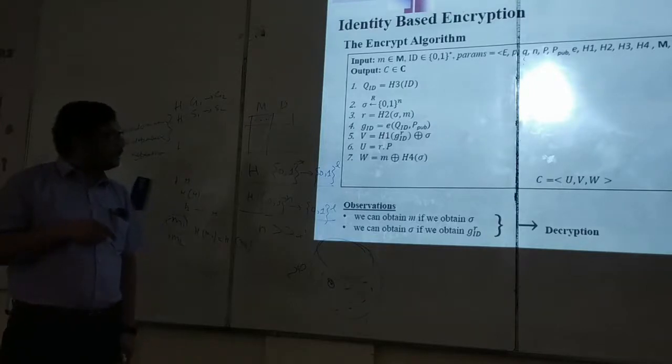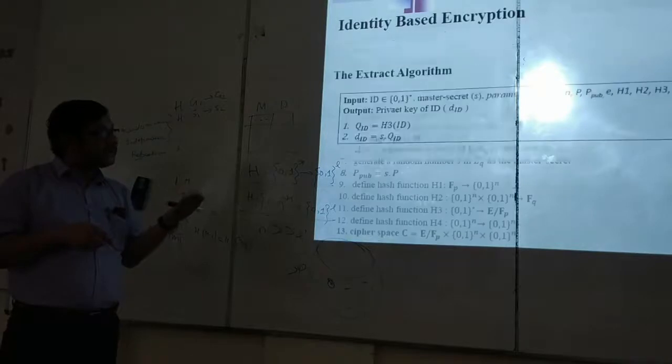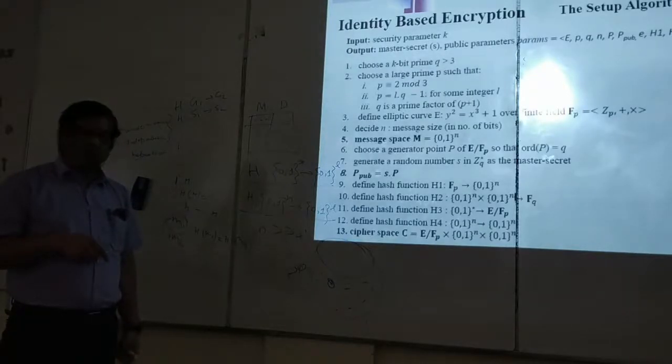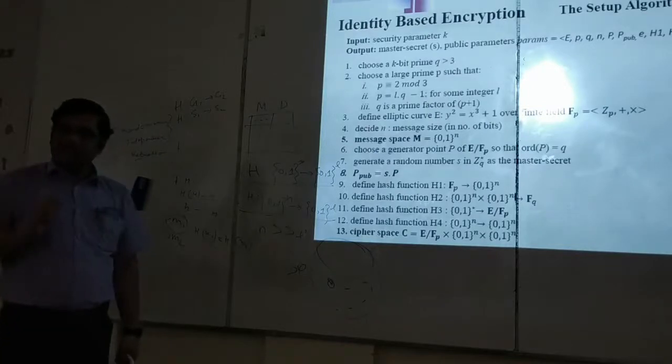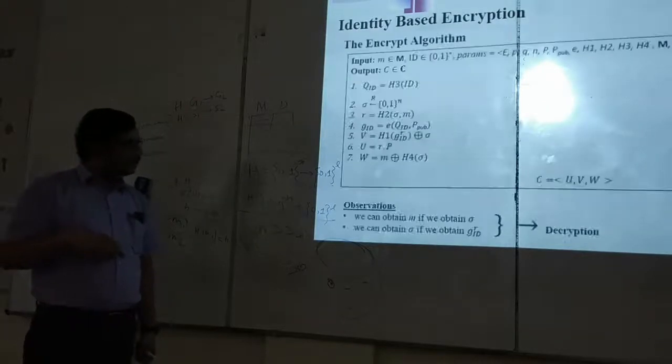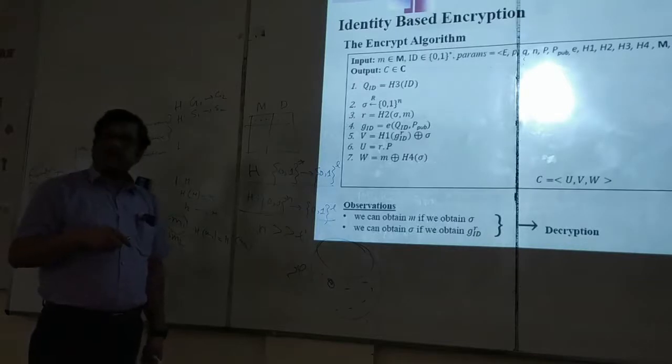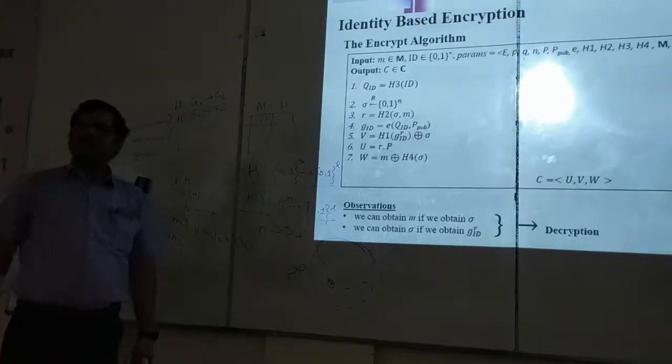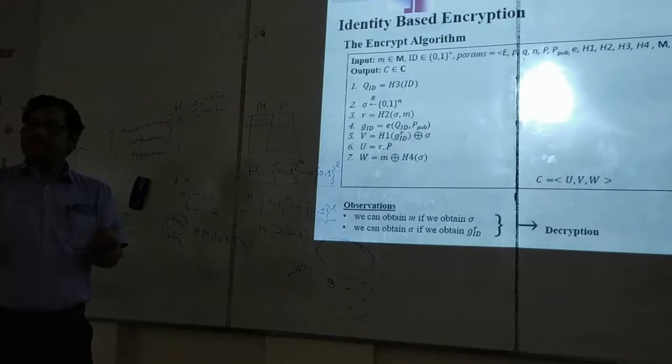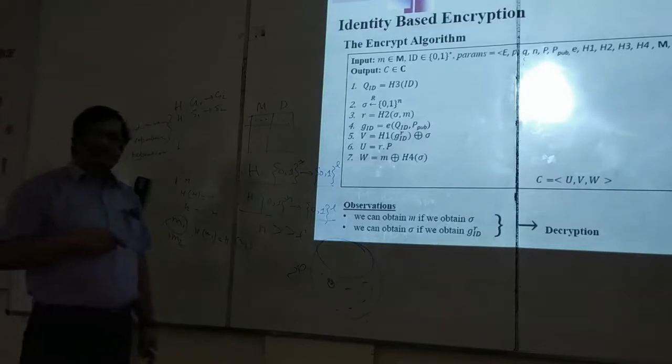Finally, go back to slides. H4 is taking one n-bit string and producing another n-bit string, doing only a permutation. Come back. This sigma is an n-bit string. So H4 of sigma is also an n-bit string, n-bit string to n-bit string. M is an n-bit string.